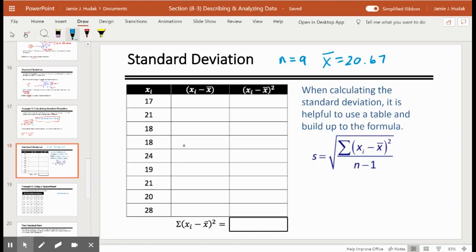So now xi is the first x value. So this is x1 is equal to 17.